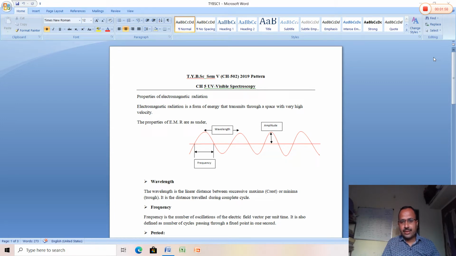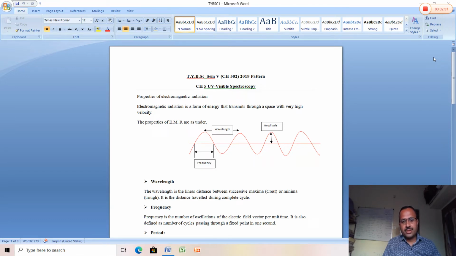This electromagnetic radiation present in the universe is traveling to and fro everywhere in the form of different rays. The wavelength is given, frequency is given, amplitude is given, period is given, and the velocity is given. These are the 5 properties of electromagnetic radiation.